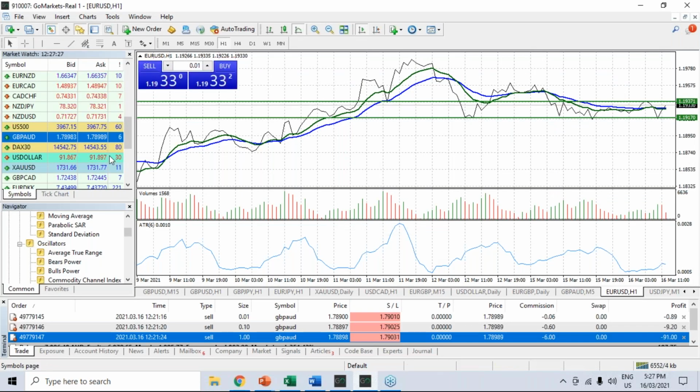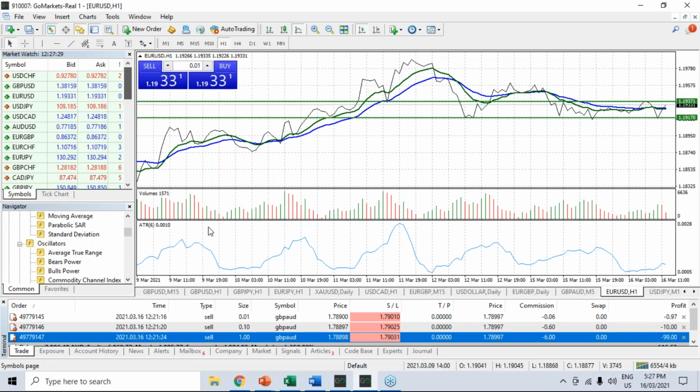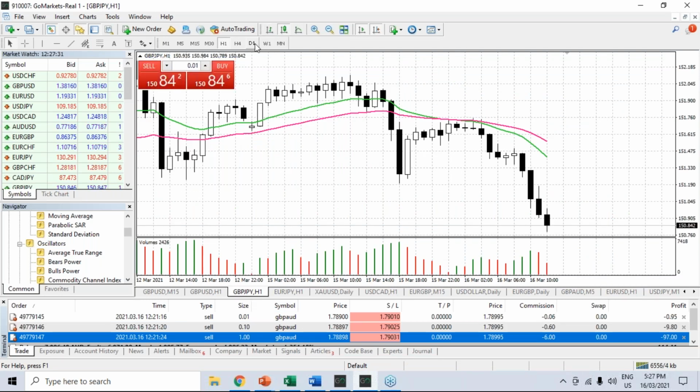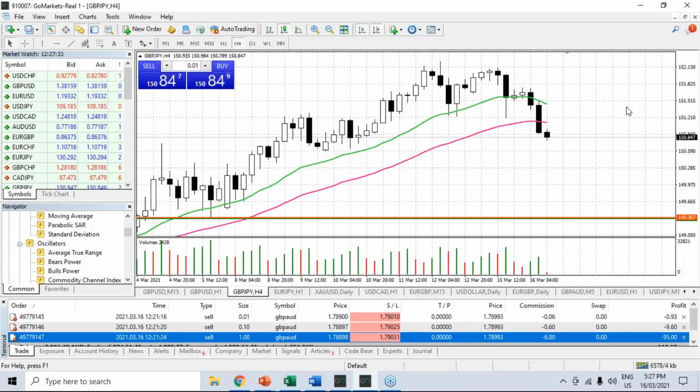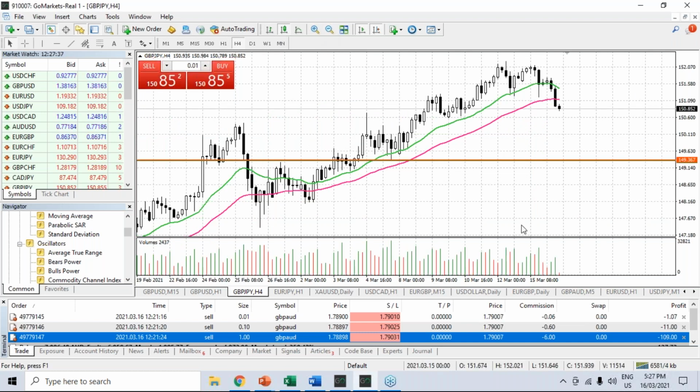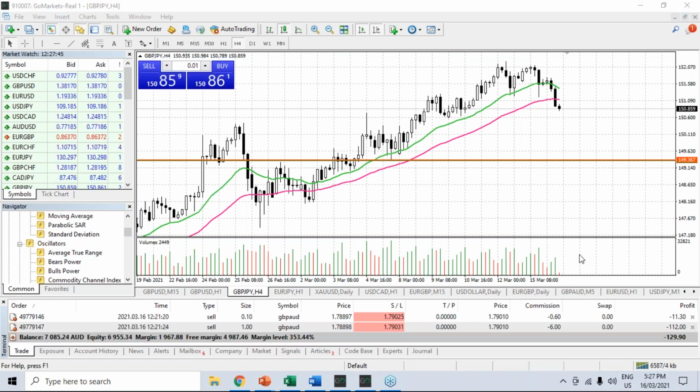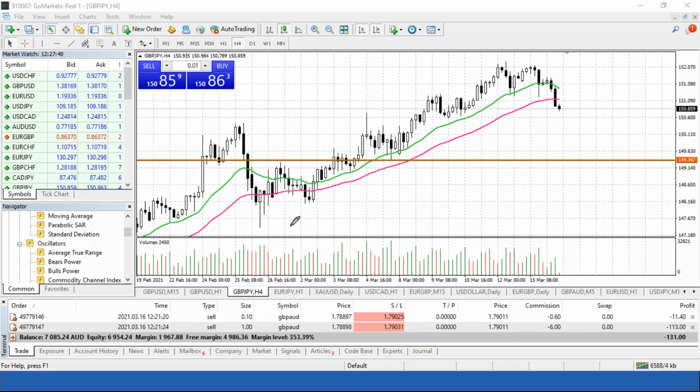So if we looked, for example, at, there we go. So again, if we look at how the market's moving here, we're going to draw this in simple terms, because it doesn't have to be complicated.